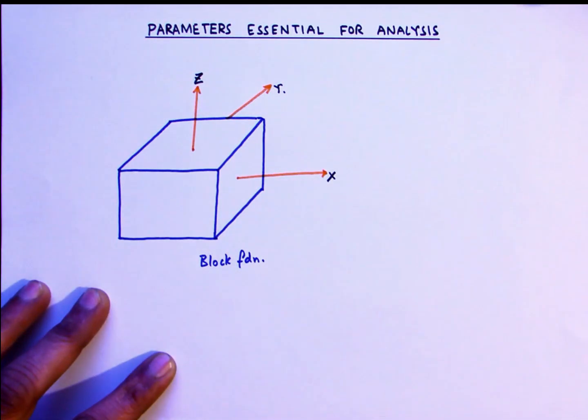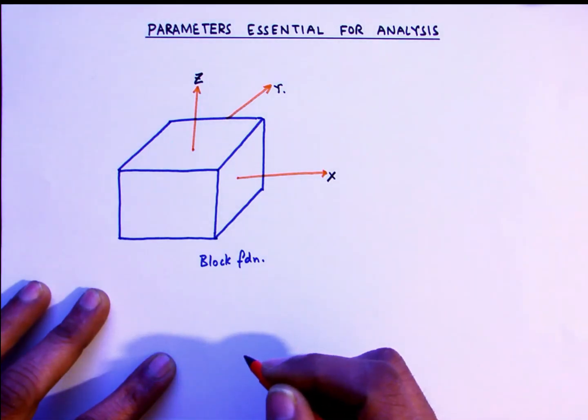Now, under vibrations of the machine, the block undergoes 6 different types of vibrations.